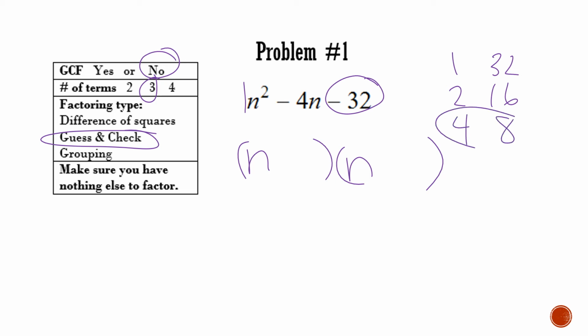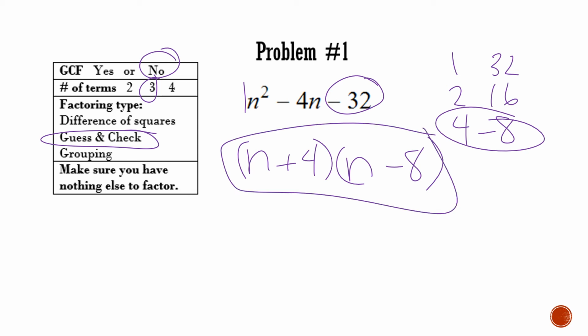Oh, right there it is, 4 and 8. They give me 4. So if I put 4 and 8 here, I need a negative 4, which means I need a negative 8 and a positive 4. So that will give me negative 8n, positive 4n, and then negative 32 if I were to distribute all of that out. So there is that answer for number 1.